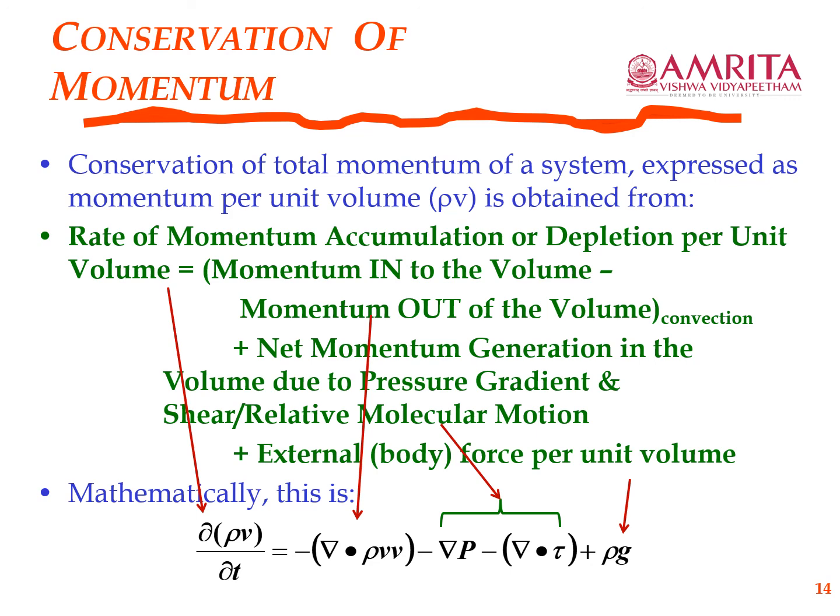And then the shear term, del dot tau, has a similar mathematical structure to the selective molecular transport mechanism of this particular quantity, momentum.